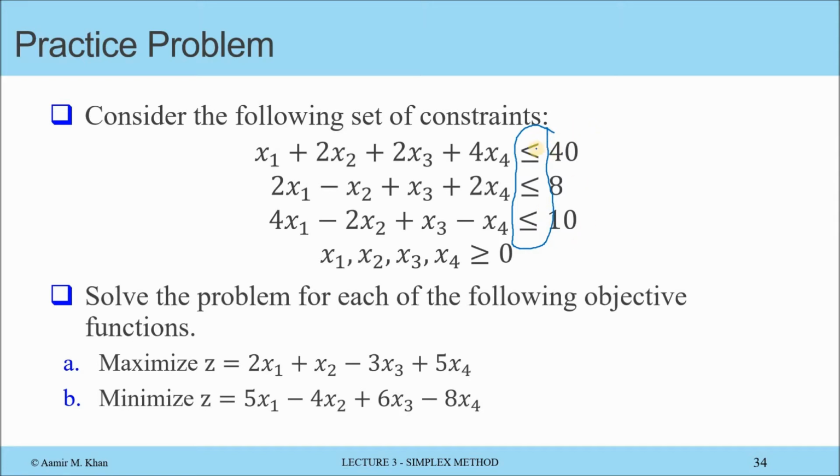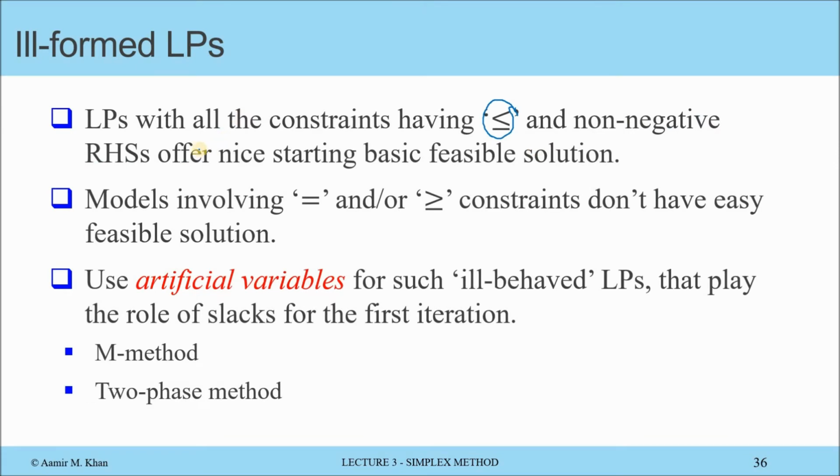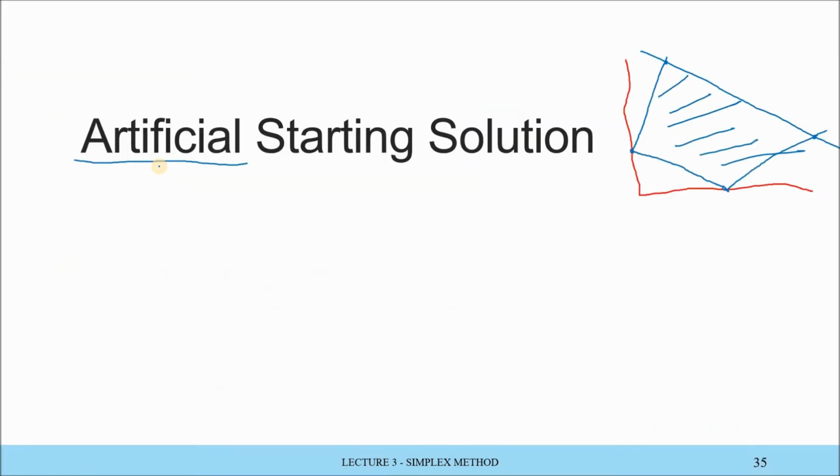What do these two things mean? If your constraints have less than or equal to, and their right hand side is non-negative, these constraints put an upper bound. For example, less than or equal to 5 normally means something below this line.